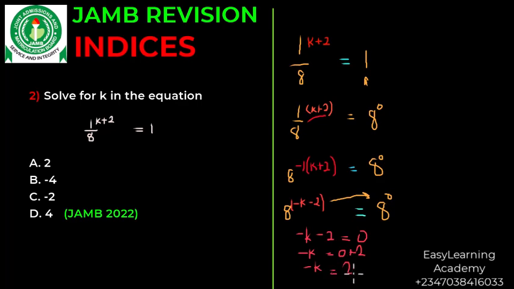We are not looking for minus k. The question we are asked is to solve for k. So we divide both sides by the coefficient of minus k, which is minus 1.